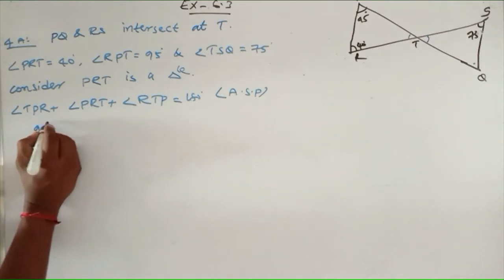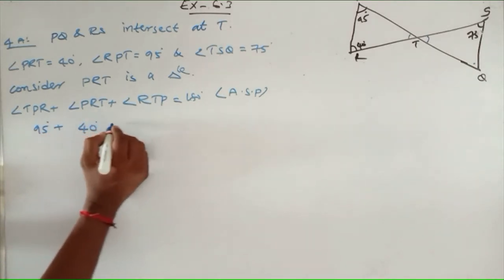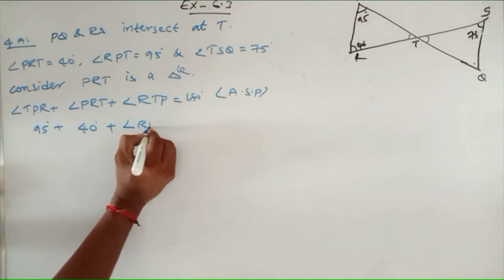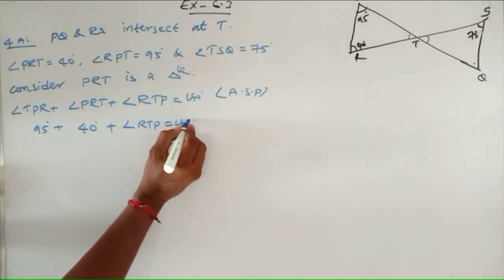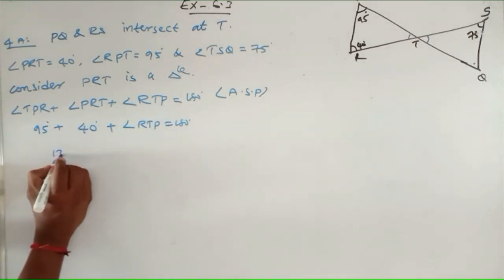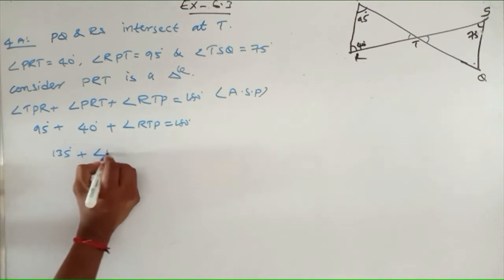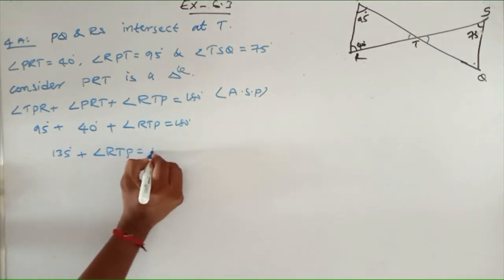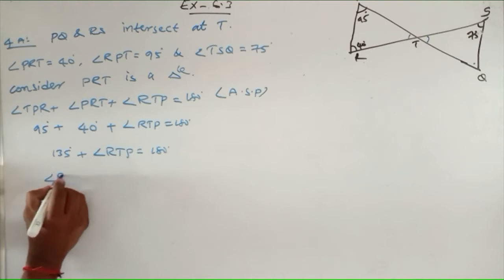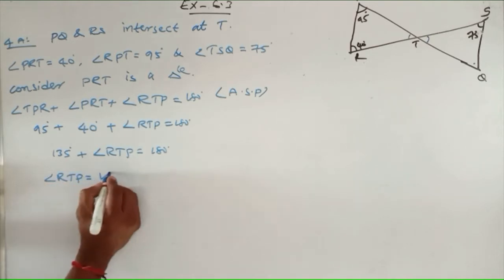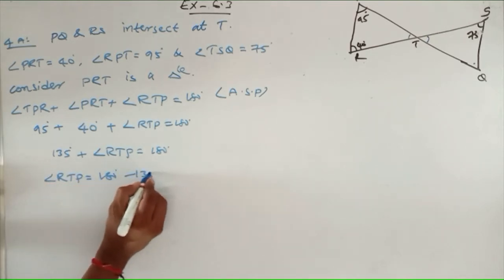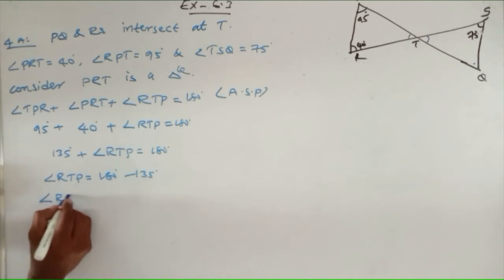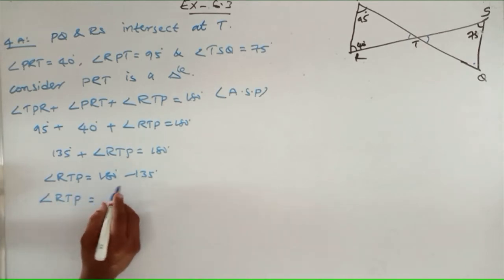That is 95 degrees plus 40 degrees plus angle RTP is equal to 180. 95 plus 40 is 135. 135 plus angle RTP is equal to 180. Angle RTP is equal to 180 minus 135, which is 45 degrees.